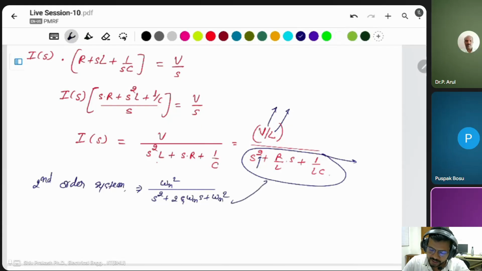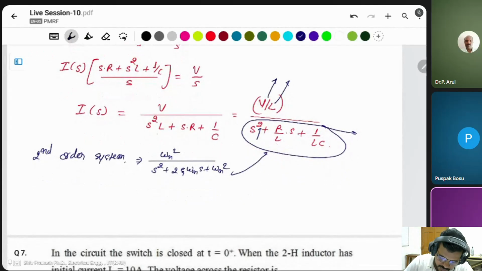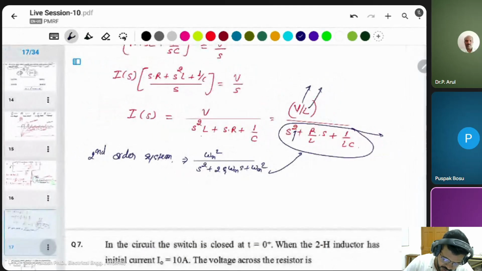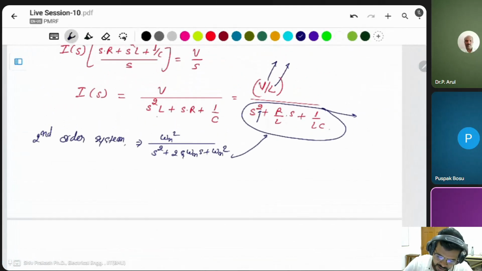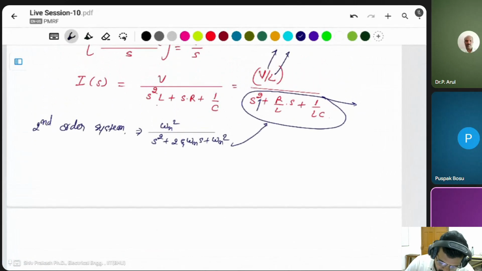You can compare denominators. If you compare the denominator, we get omega n square is equal to 1 by LC. It means omega n is equal to 1 by root LC.